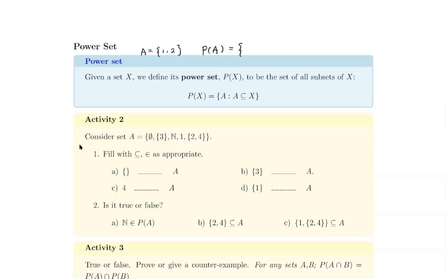It's the set of all the subsets of A. So the subsets of A are {1}, {2}, {1, 2}, and the empty set.